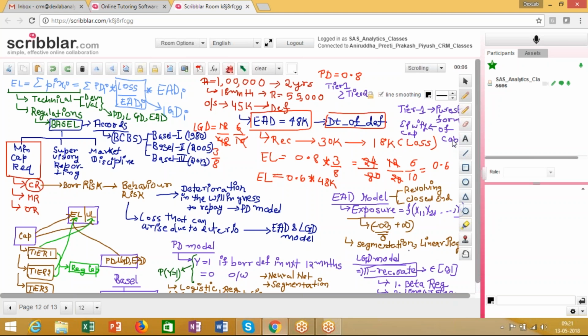It is not only important from the perspective that it lays down capital requirements, or that you develop PD, LGD, EAD models, but there is a lot more to this regulation, right?